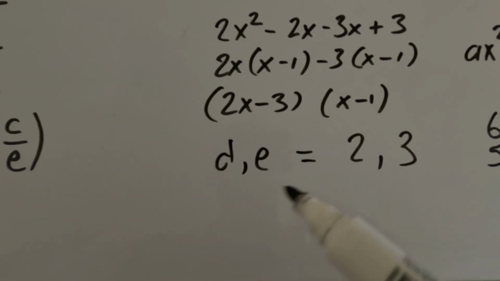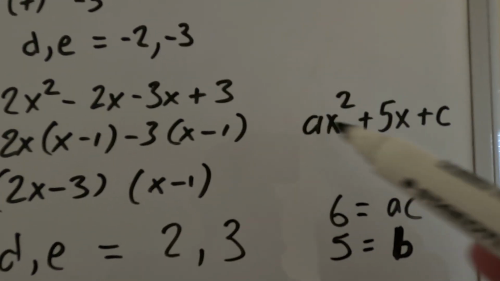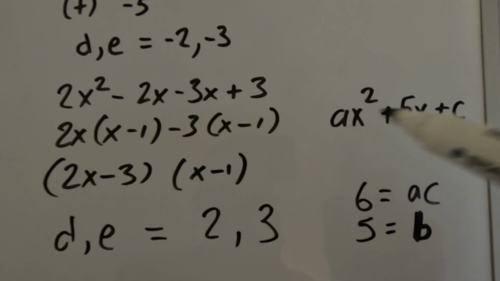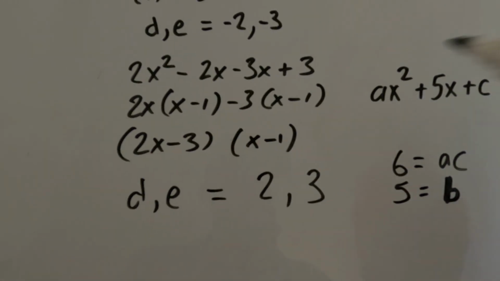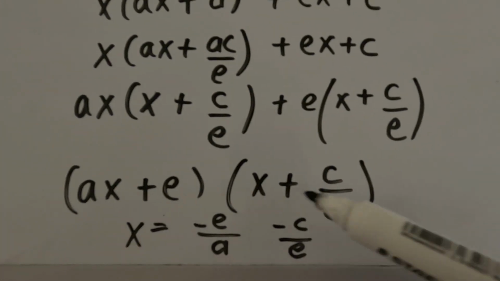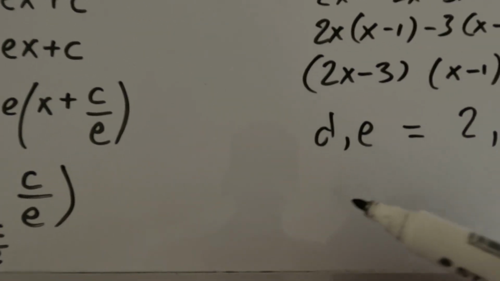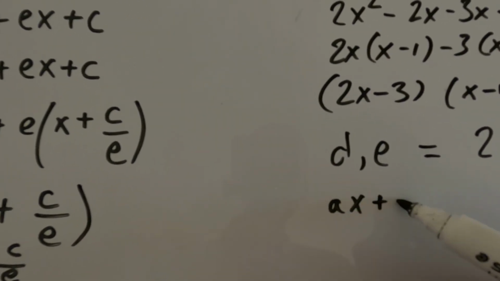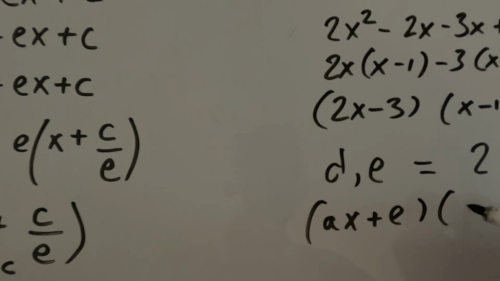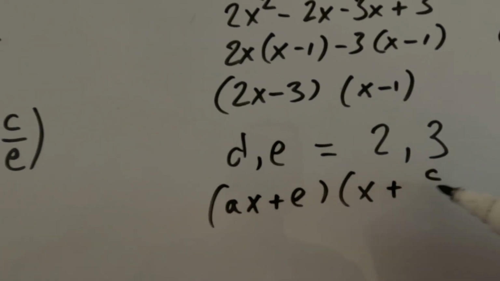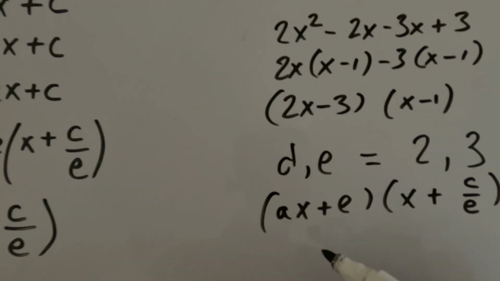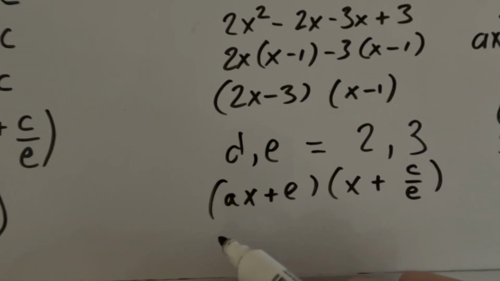Right, so anyway, I'm going to pick e to be 2. If I factorise all that out, it doesn't matter what a is or what c is. If I factorise it all out, my answer would be ax plus e times x plus c over e. We don't know a, but just leave a as it is.